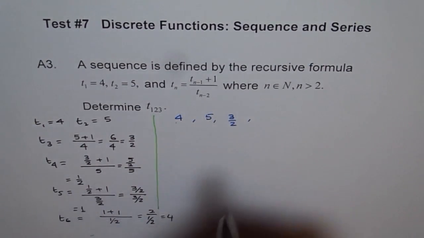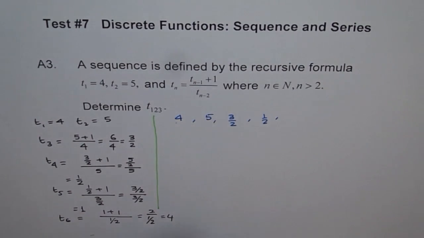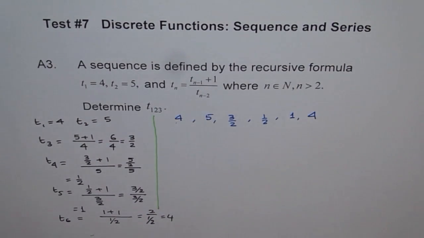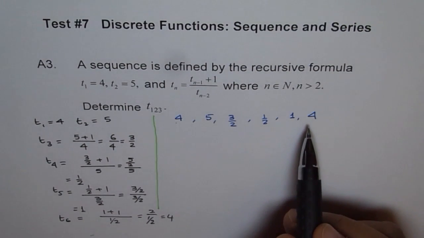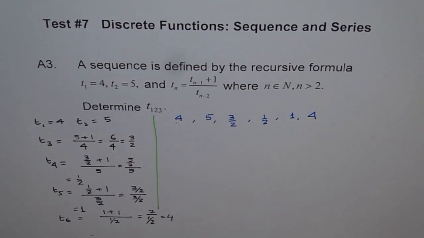The fourth term is half. The fifth term is 1. And the sixth term is 4. Of course, when I start with 4, we can try what the seventh term is.